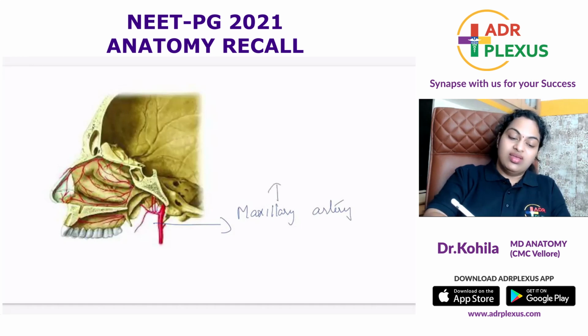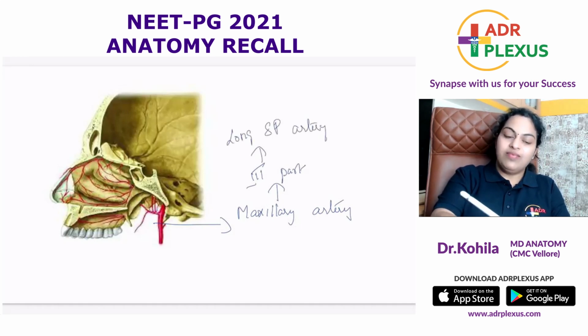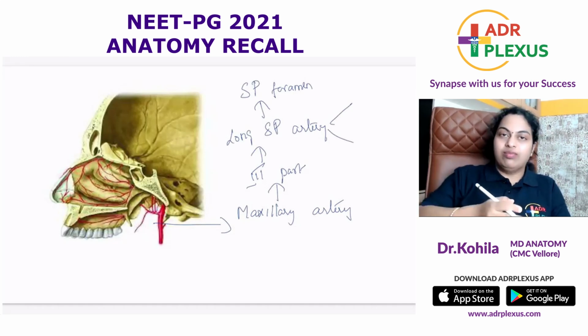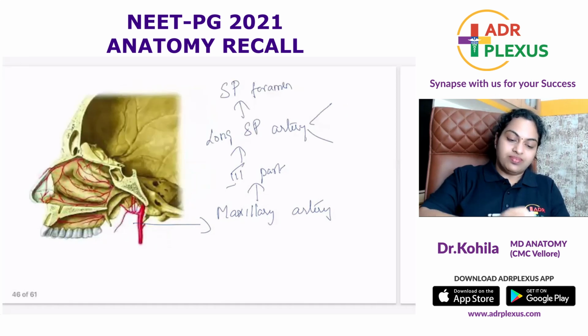The third part of the internal maxillary artery will give rise to the long sphenopalatine artery, the greatest sphenopalatine artery, which will enter the nasal cavity through the sphenopalatine foramen, and it will divide into branches.